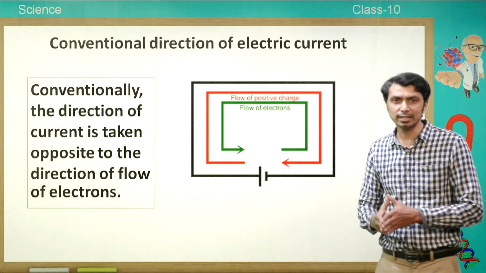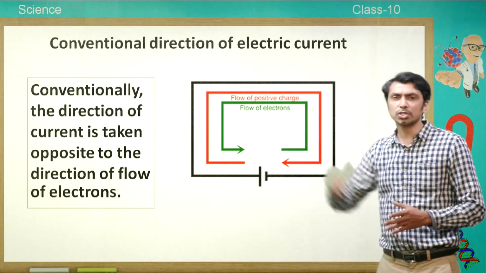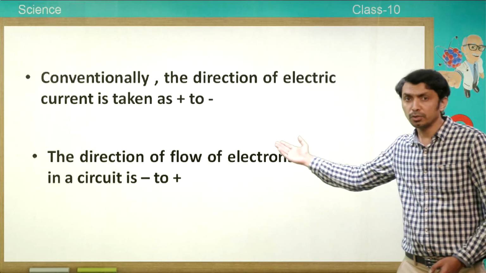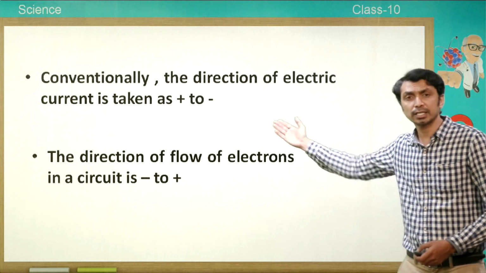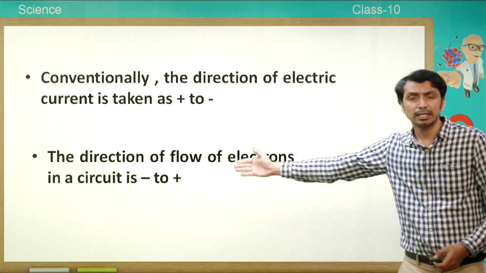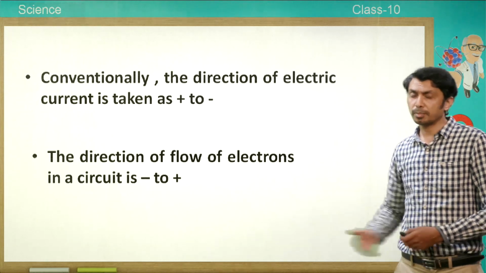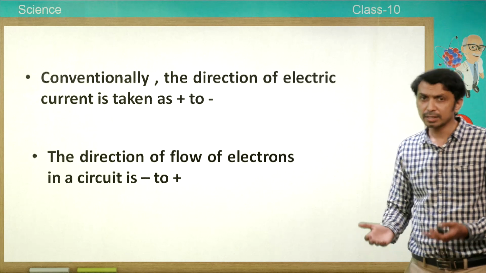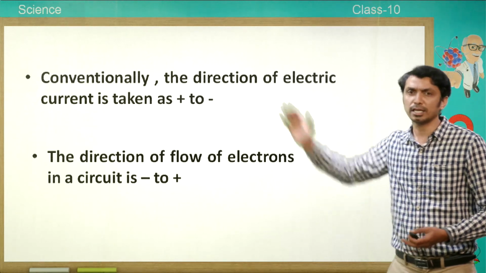Yes, you know the answer, they are attracted to positive charges. So, you need to remember the direction. Conventionally we say the direction of electric current is plus to minus, and actually the electron flow happens from minus to plus, but we consider the direction of electric current to be from plus to minus. It is a convention.